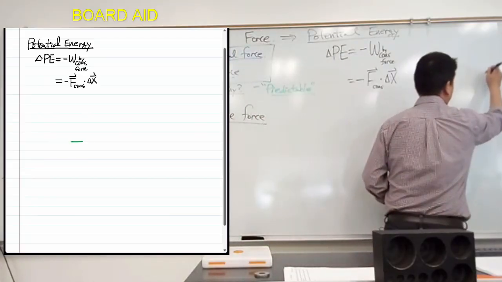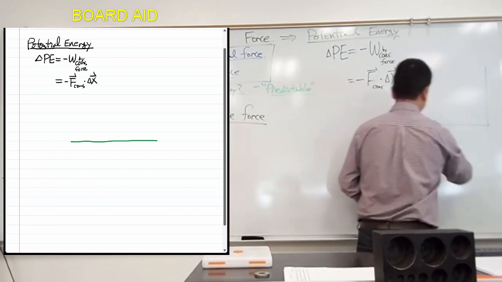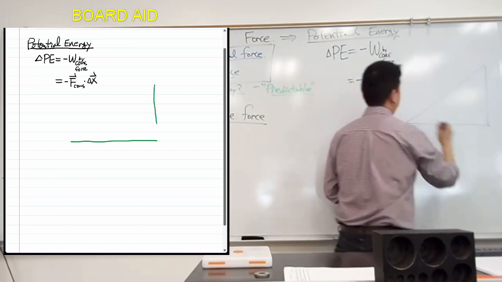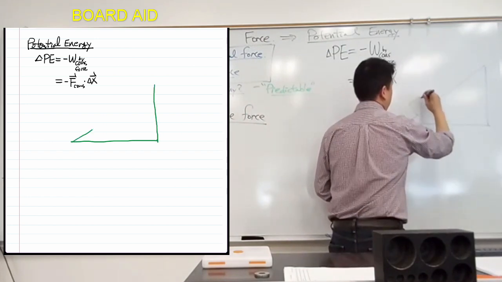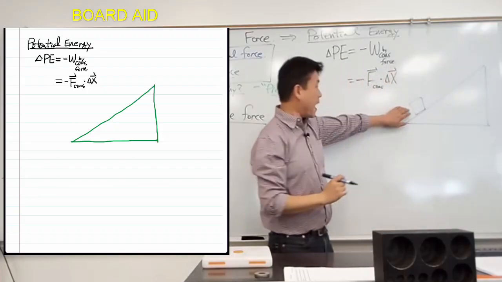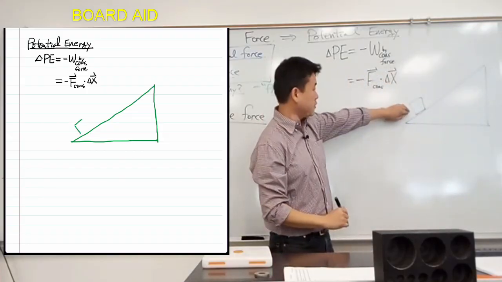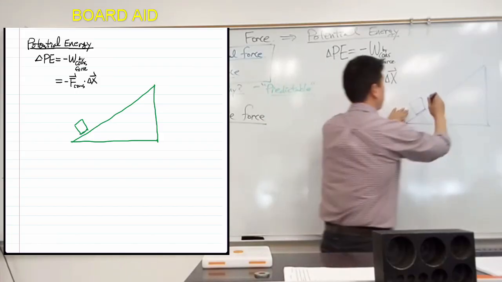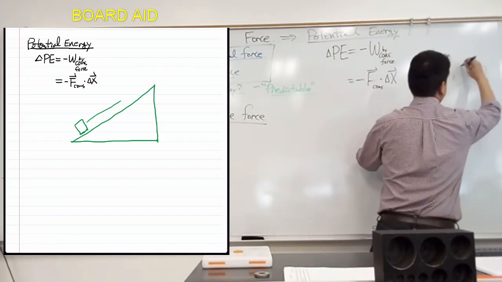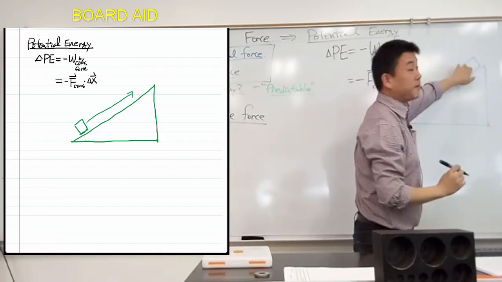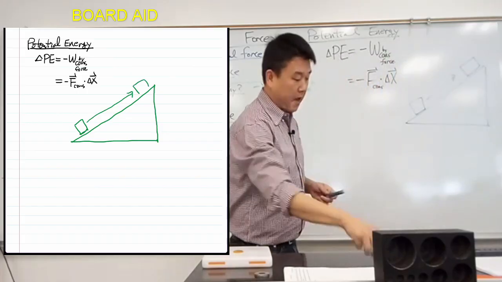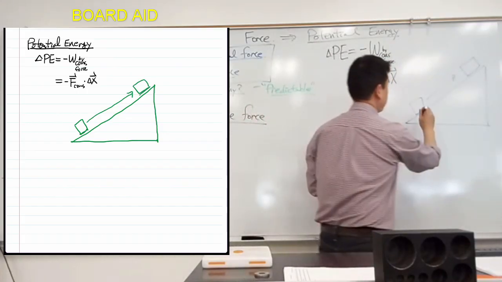Imagine I have a slope where a block is somehow being moved from this lower position here to a higher position here. So the block starts out at some height.